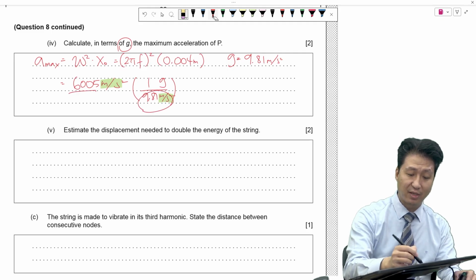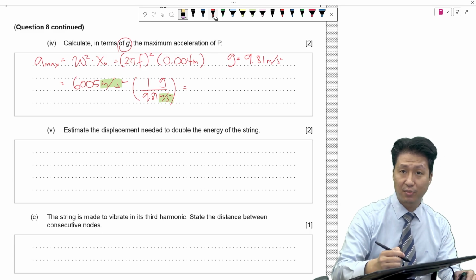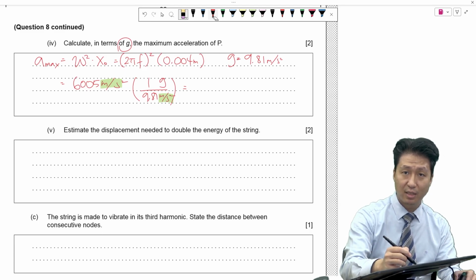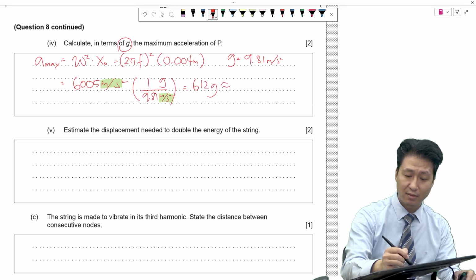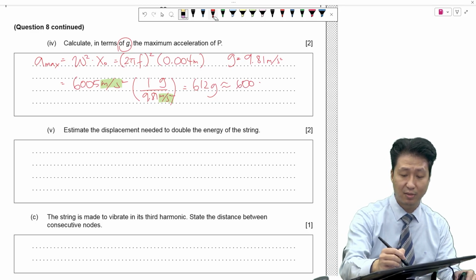So this divided by this is approximately 612 g. And you can just do one or two significant figures. You can estimate this to be about 600 g's.